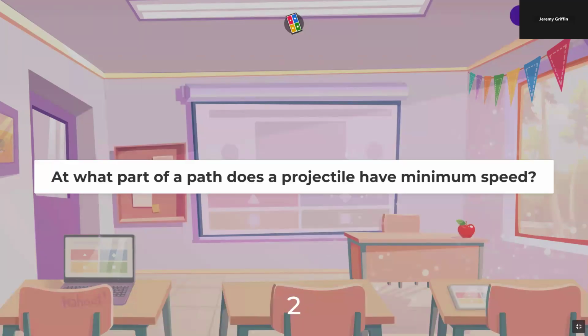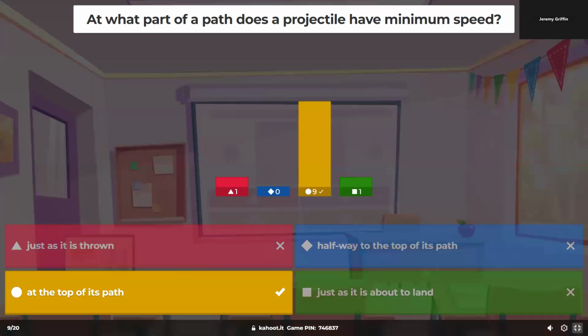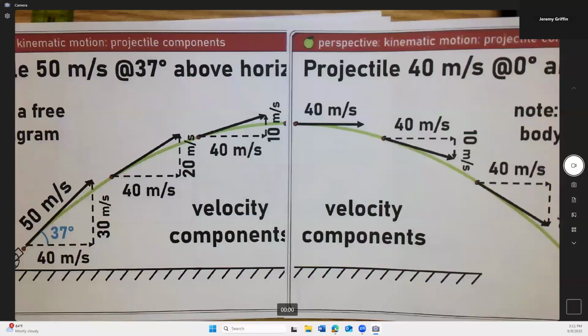What part of a path does a projectile have minimum speed? Yeah, very top. Just point this out real fast.